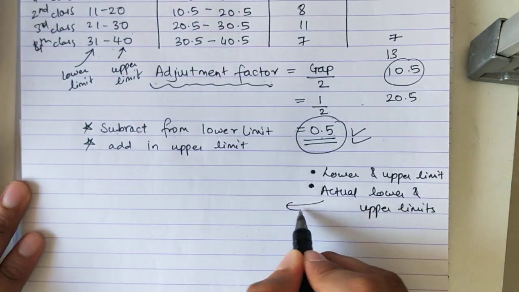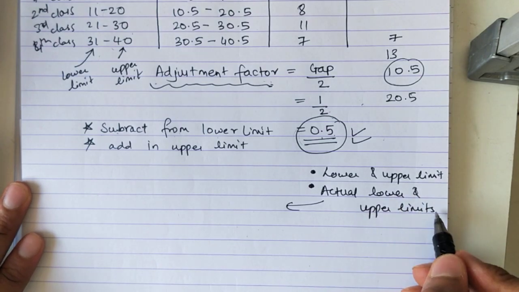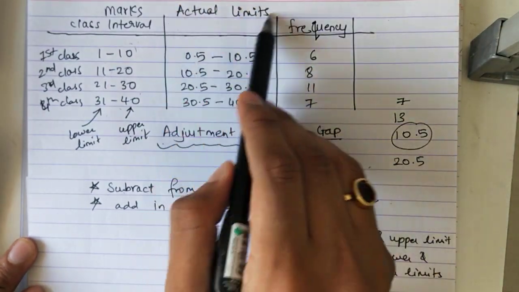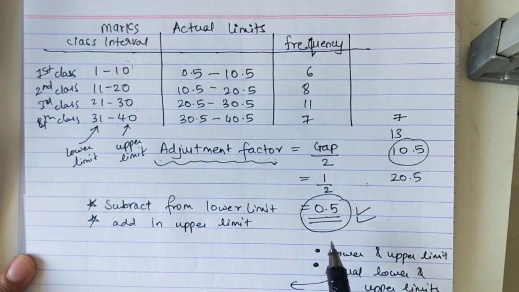Now these actual class limits have 2-3 more names.